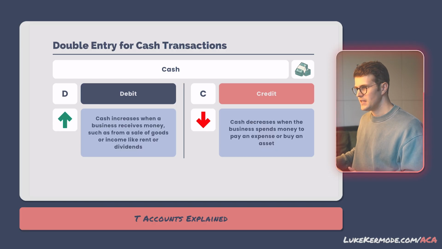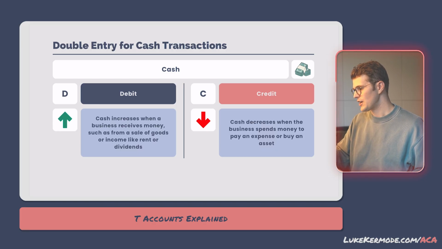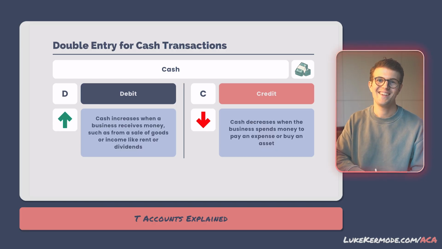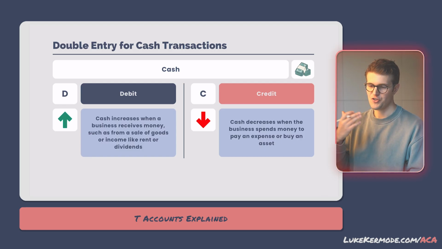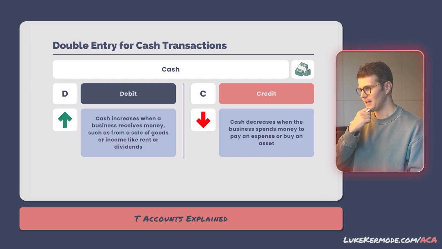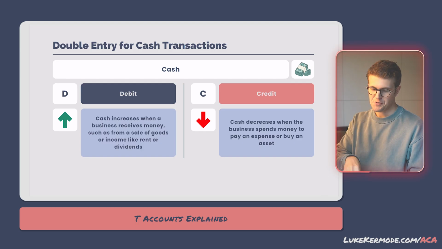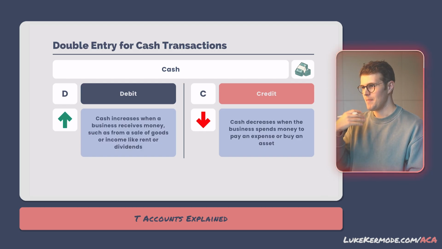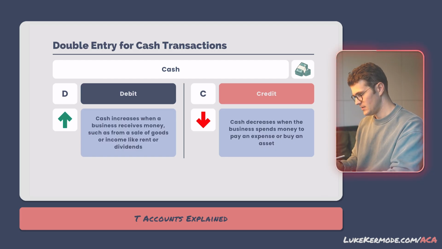Okay, this next slide explains how cash transactions are recorded in a double entry system. So a cash transaction is any transaction that increases or decreases a business's cash or bank account. In accounting, cash is an asset. That means when the business receives money, the cash balance increases, and therefore we record that as a debit.